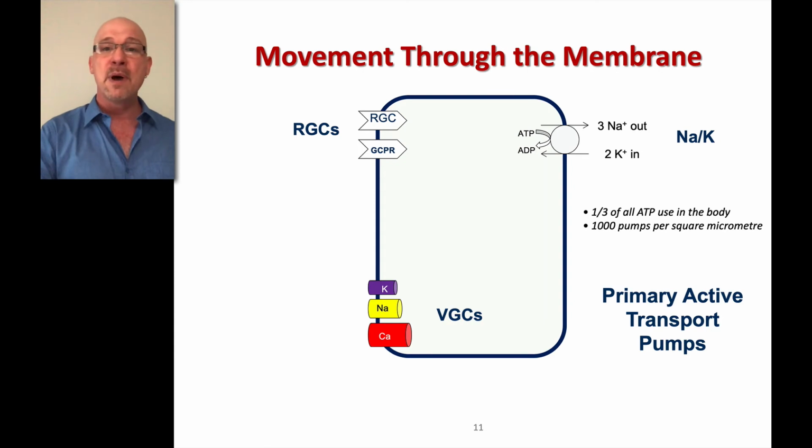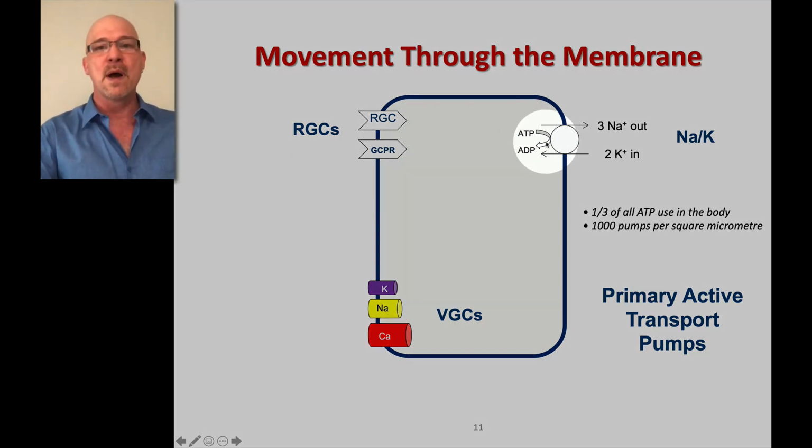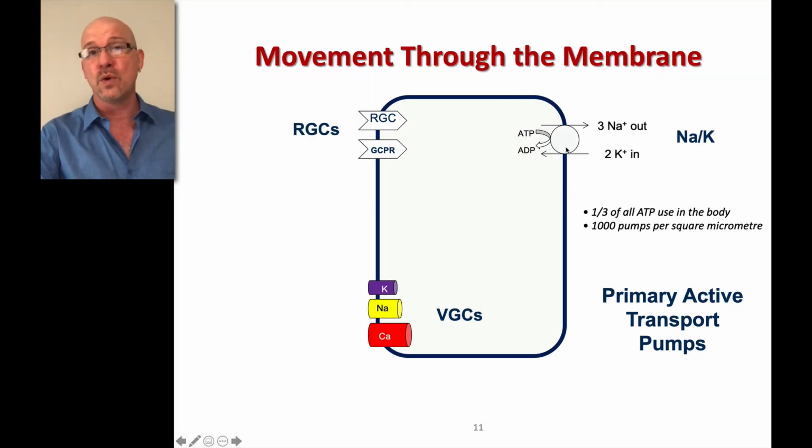And so this pump here, we get our adenosine triphosphate coming up, we rip off a phosphate, adenosine diphosphate goes away, we've just reduced our battery power by a third, and then this pump starts to work. And you'll see that the way it's marked is that there's 3 sodiums that go out and 2 potassiums that go in. I like to think of these active transport pumps as revolving doors. They need a motor in order to work.